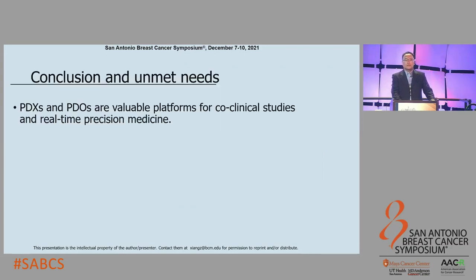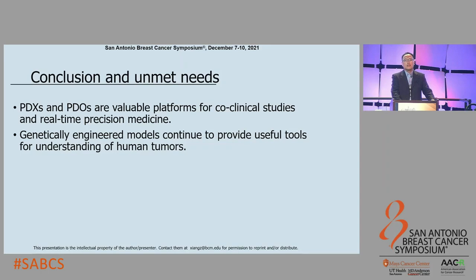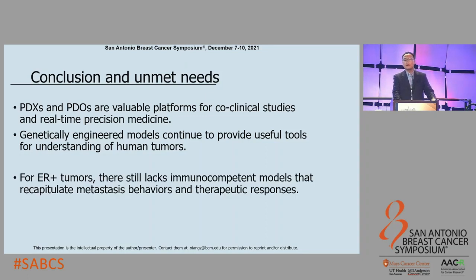So using these two studies, I'd like to convince you that PDX and PDOs are valuable platforms for co-clinical studies, and that there's a potential for them to be used for real-time precision medicine. And genetically engineered animal models continue to be useful if we can modulate them appropriately to reflect better human biology. There are a lot of unmet needs.